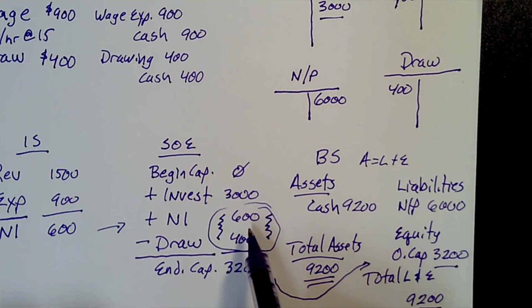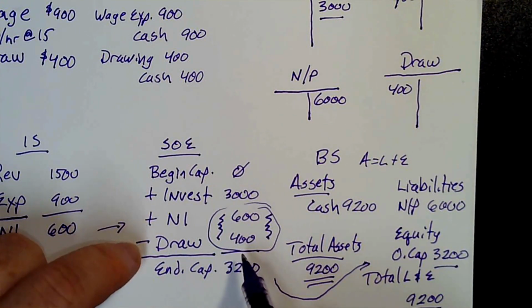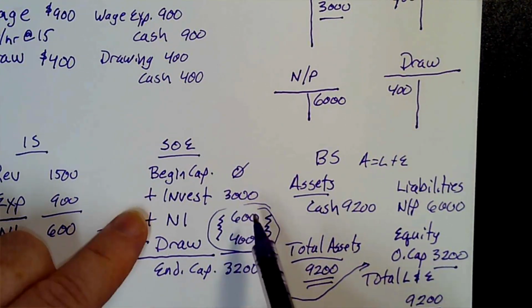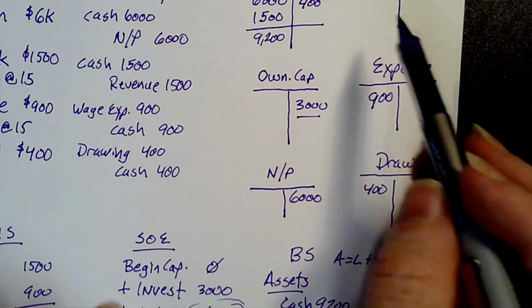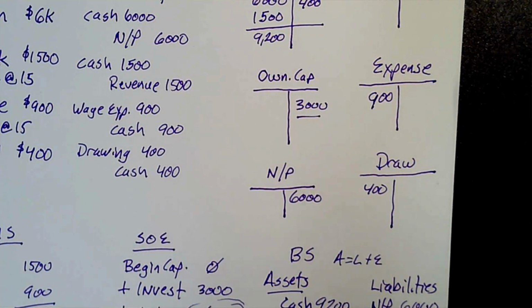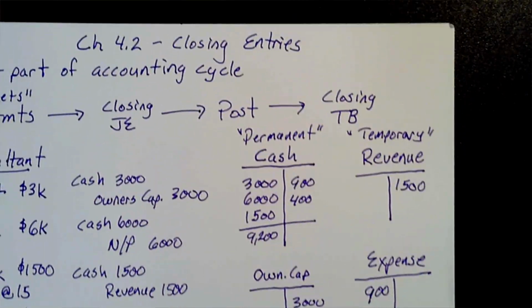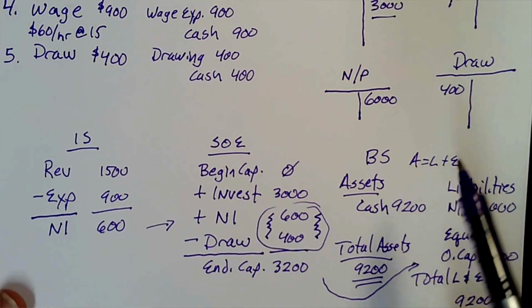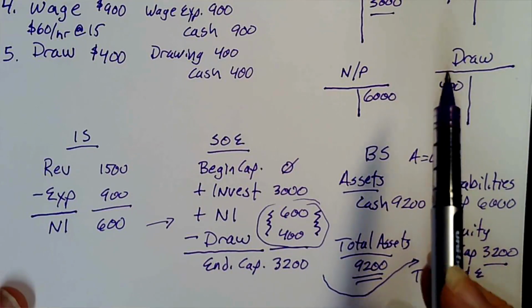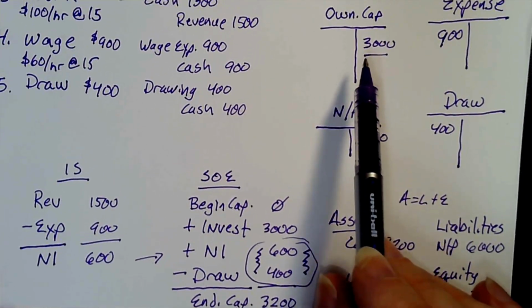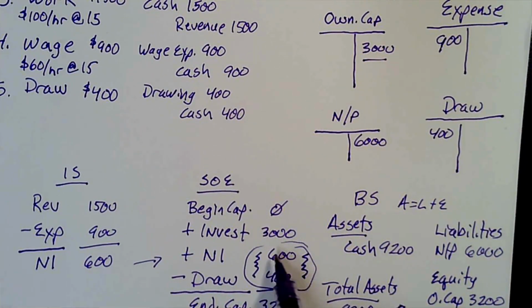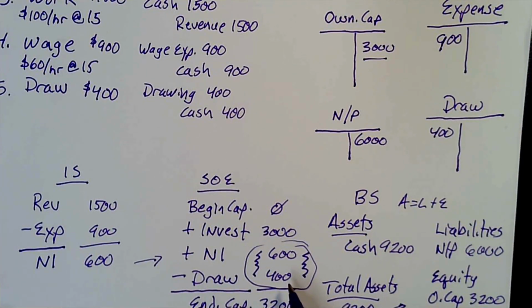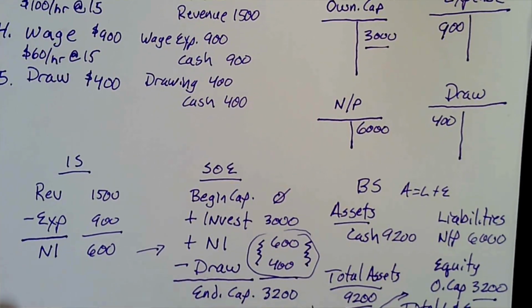We've added net income to capital, we've subtracted drawings from capital, but we haven't done that up here yet. So whichever explanation works for you, it ends up being the same. We need to zero out the temporary accounts, and we need to combine revenue, expenses, and drawings into owner's capital, because that's what we actually do when we calculate the statement of owner's equity.